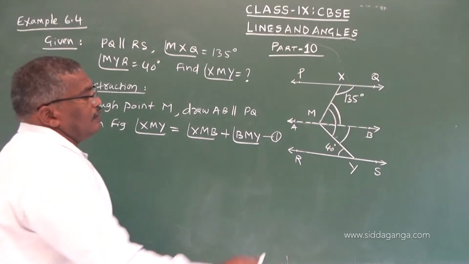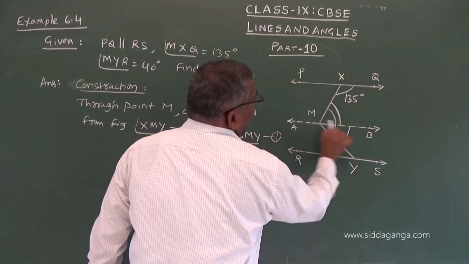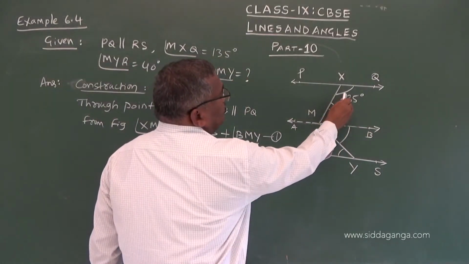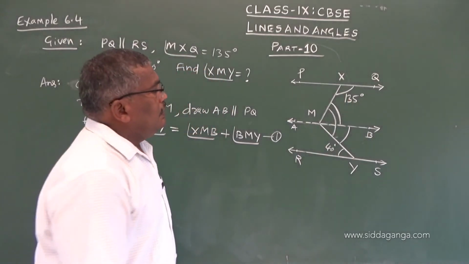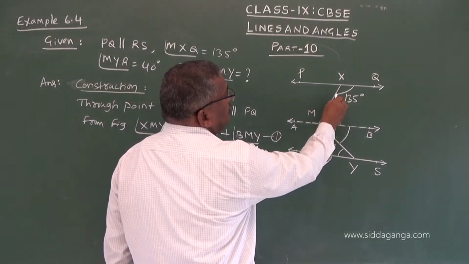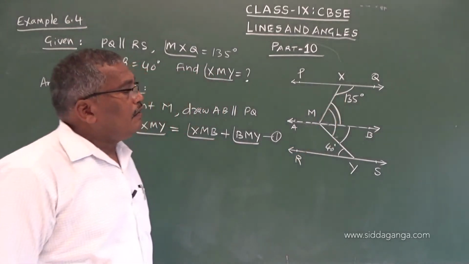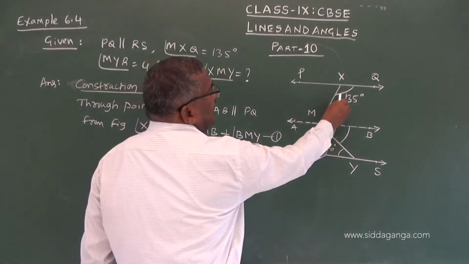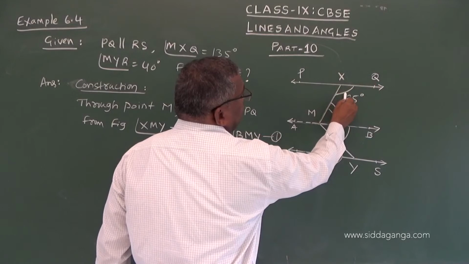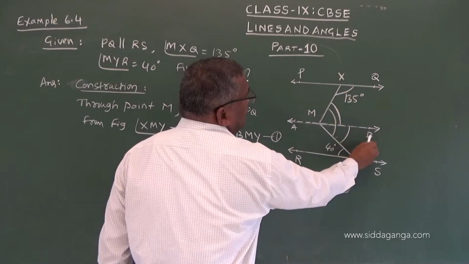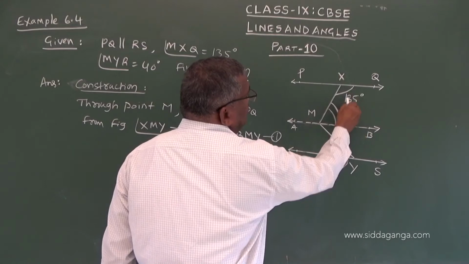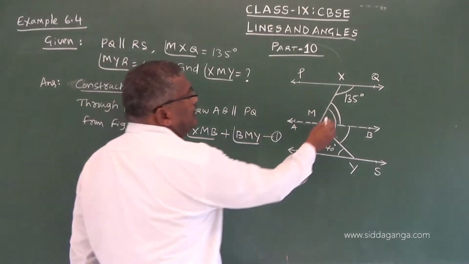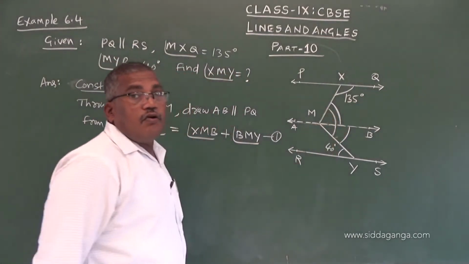Now see, PQ is parallel to AB. You have learnt the interior angle details. So this angle QXM and XMB, the sum of these two angles, these are interior consecutive angles on the same side.